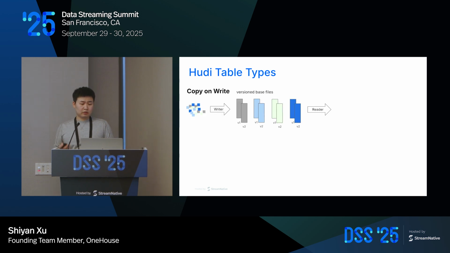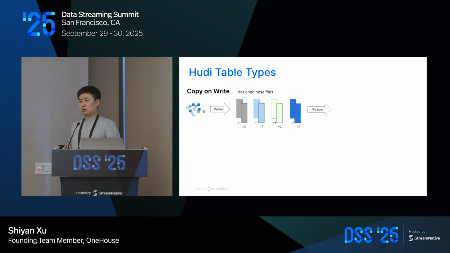As you can imagine, COW tables are pretty efficient for reading after it creates a new base file, because the base files are usually in columnar file format, which is optimized for analytical queries. But it incurs high write amplification.